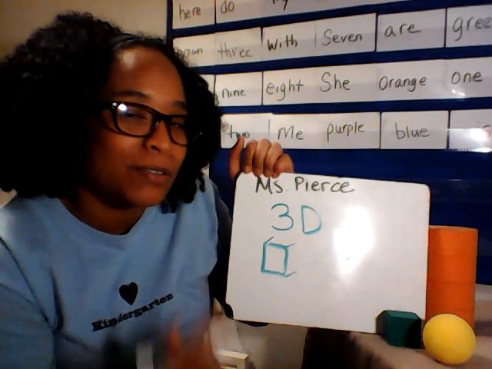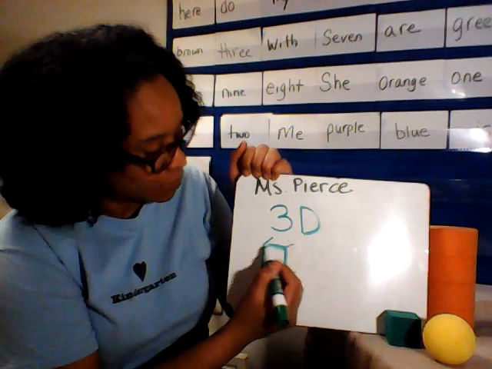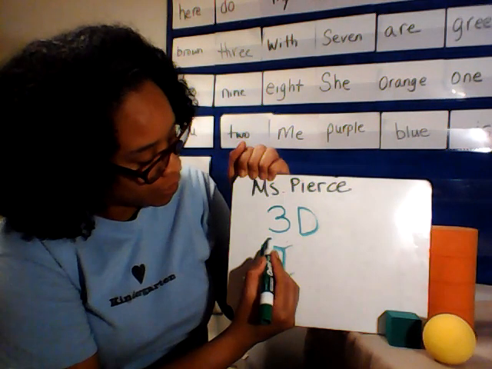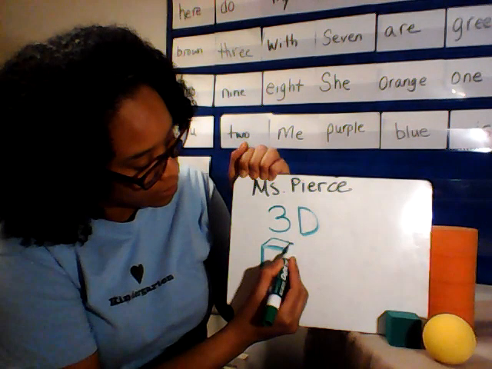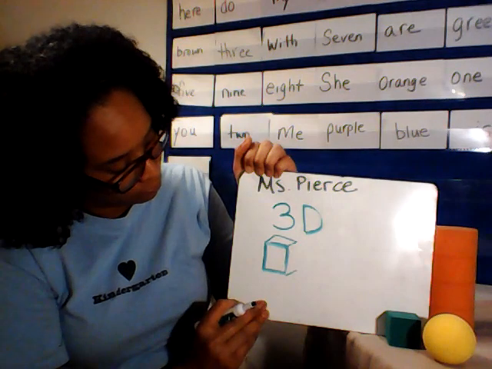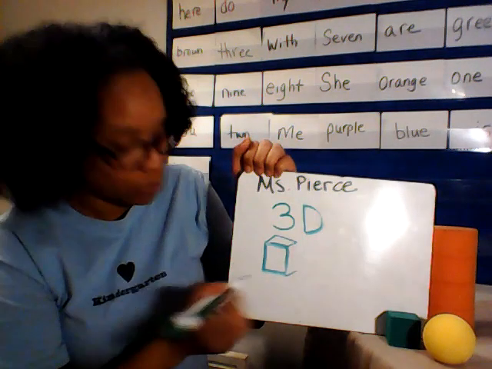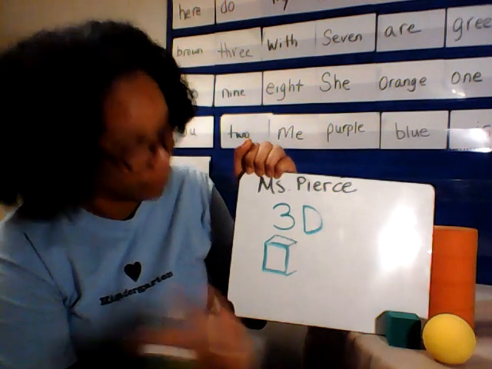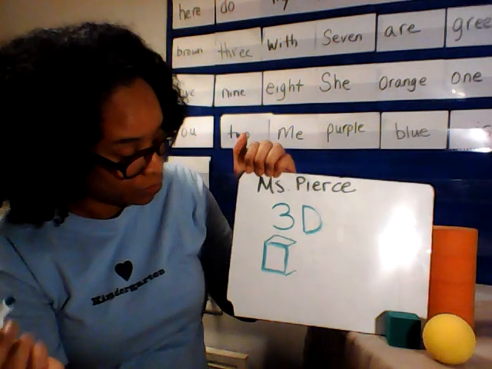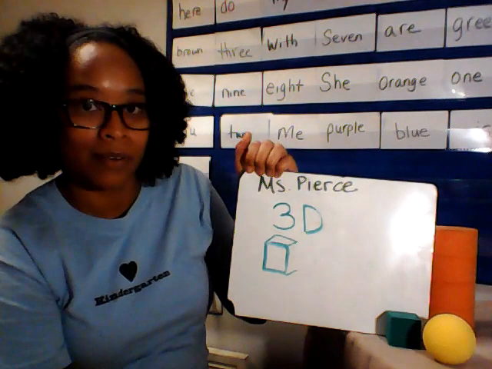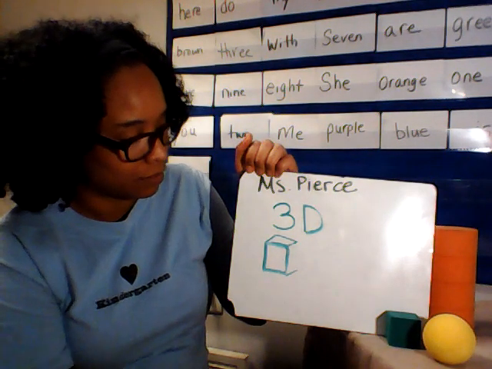Now we're going to connect those to make these look like a cube. So let's go to the top of your first slanted and connect. Oh, now we can see two sides. 1, 2. That's already a part of our three-dimensional cube. Where do you think we're going to connect next? Yes.